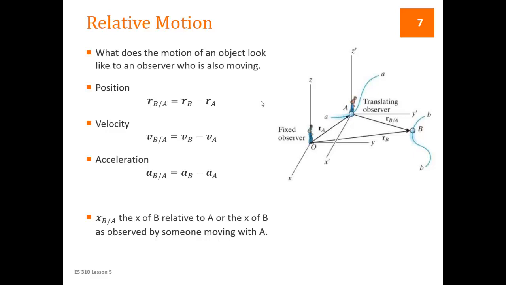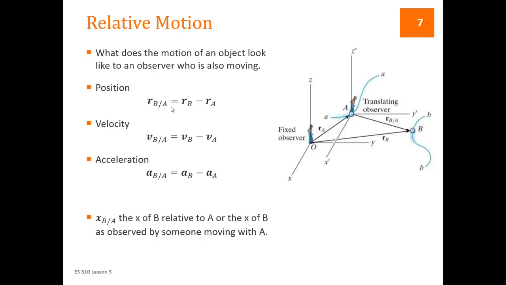This notation, B slash A, means it's whatever of B relative to A. So if I'm an observer at A, I see B moving at this velocity or position or whatever it is. The other thing to remember is it's the first minus the second.